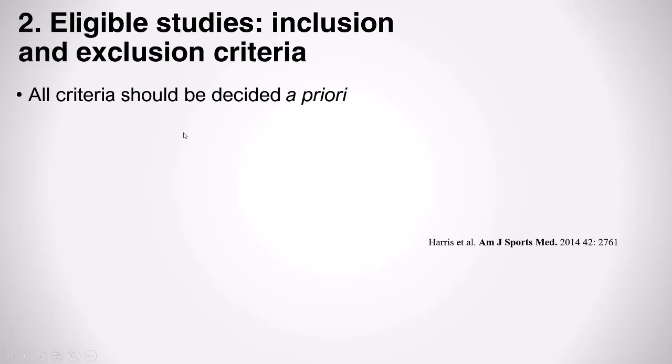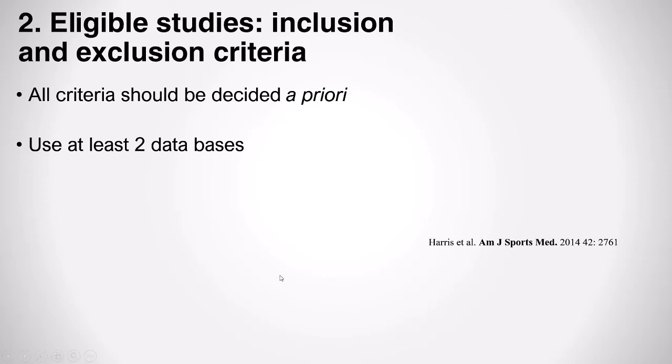All of your search criteria should be decided a priori, which is Latin and just means prior to. So your search criteria should be decided prior to actually doing the search. It's not good scientific practice to tweak things as we go along so that we find something more along the lines of what we want. That's not what science is about.